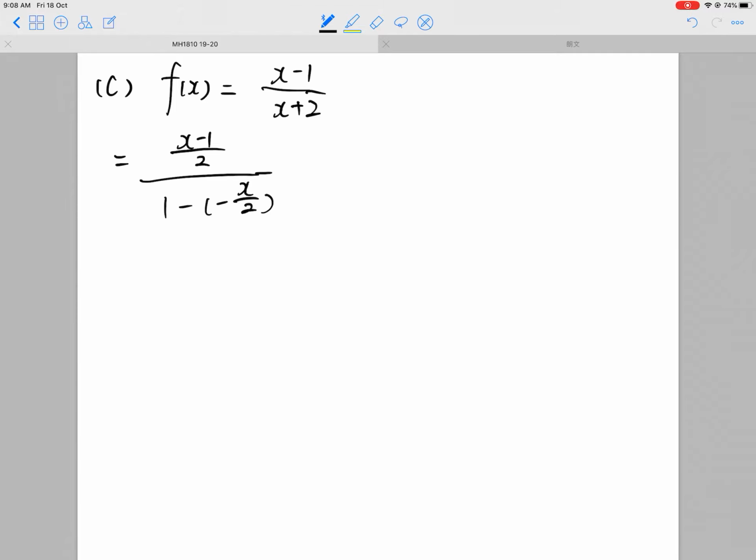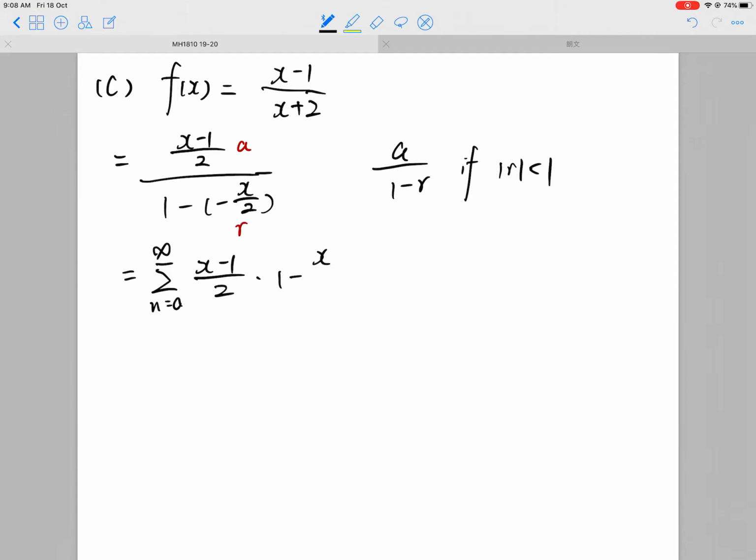It should be a over 1 minus r if the absolute value of r is smaller than 1. So this is your a, and this is your r. It's the summation n from 0 to infinity of a times r to the power of n, if the absolute value of r is smaller than 1.